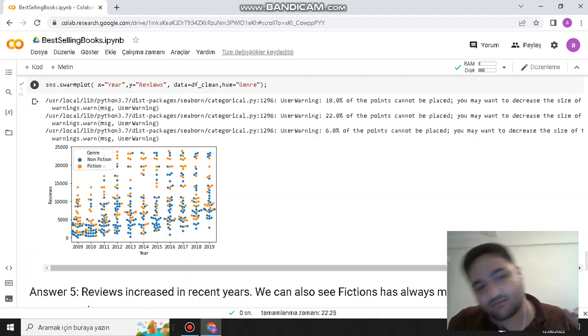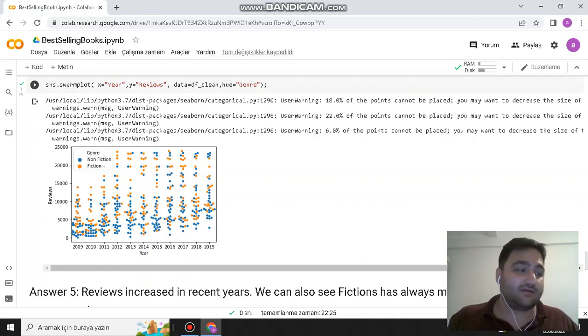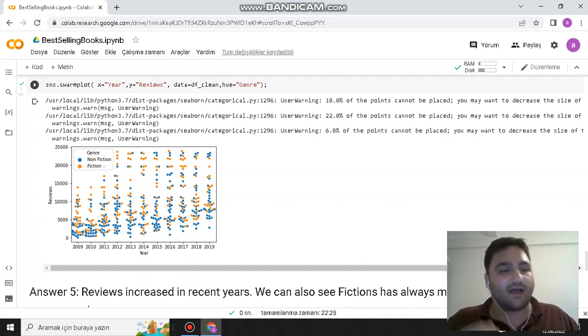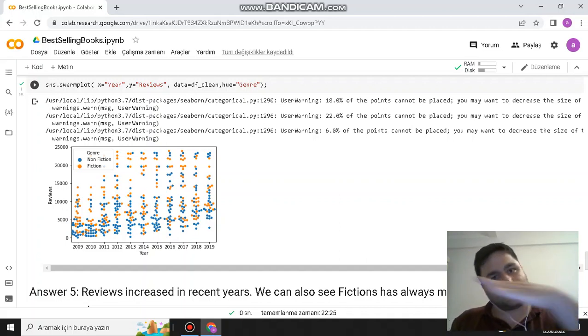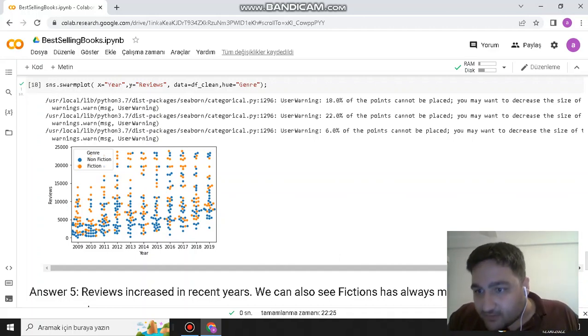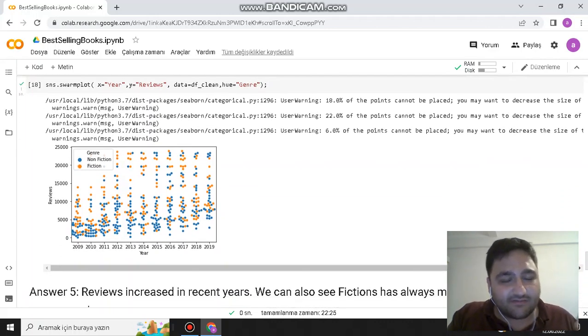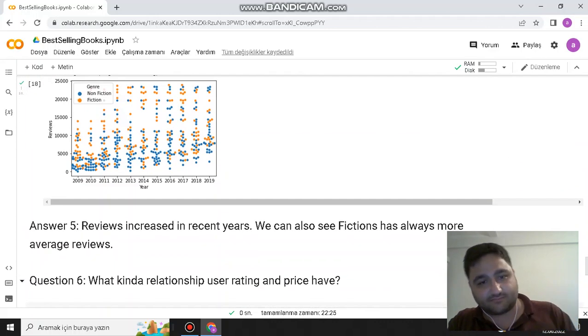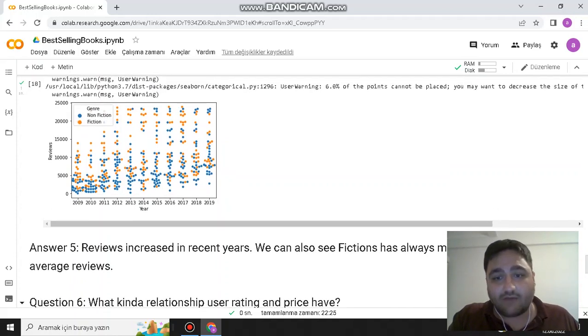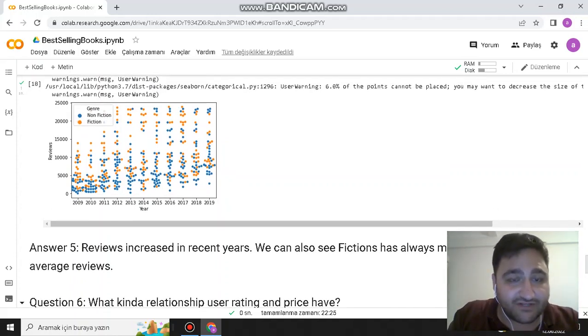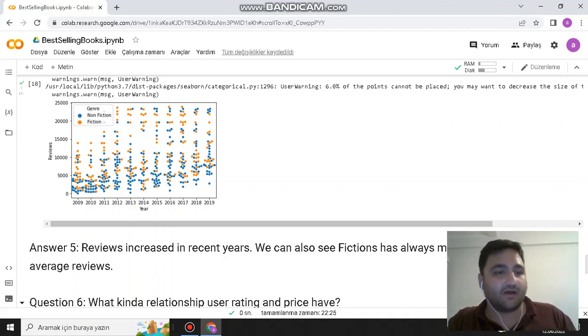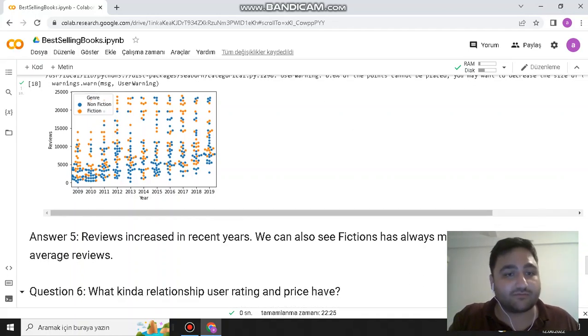As you can see, if there was a linear median, a line on average, you can see the line slightly increased, but yeah. So how does review change in recent years? Review just slightly increased in recent years. We can also see the fiction one always has higher reviews when you compare to non-fiction ones.